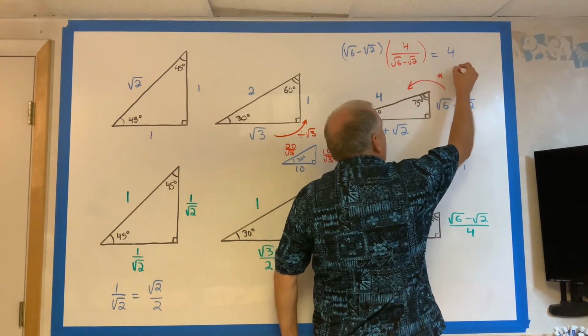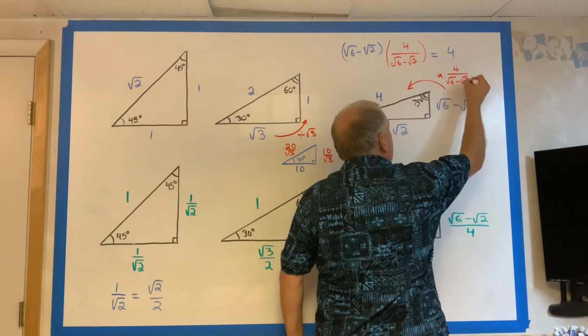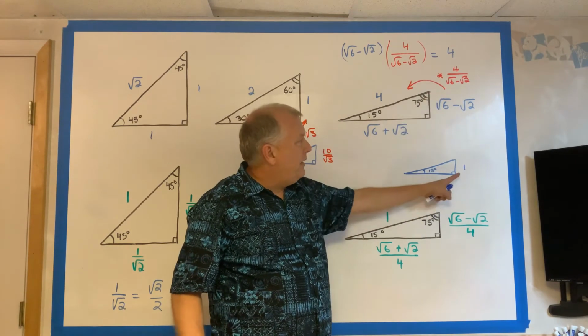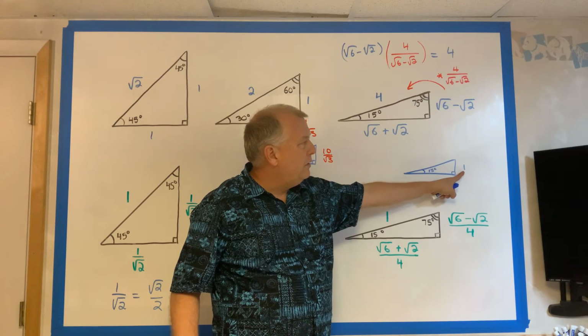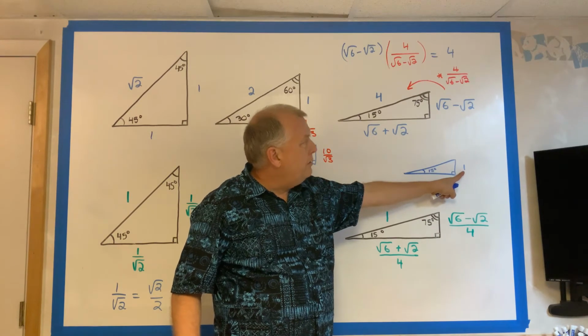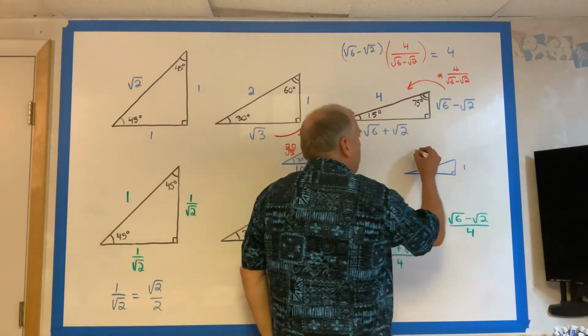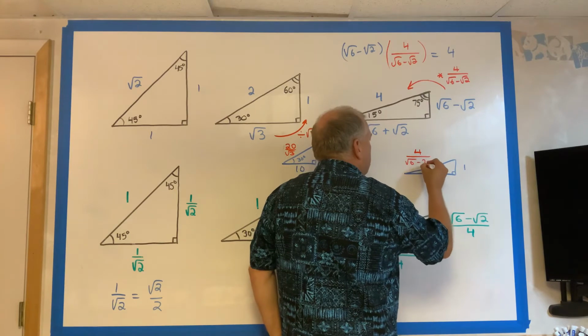But now that I know those instructions, I can use it to find the hypotenuse if the short leg is 1. Multiply 1 times 4 over root 6 minus root 2. And then the hypotenuse length is 4 over root 6 minus root 2.